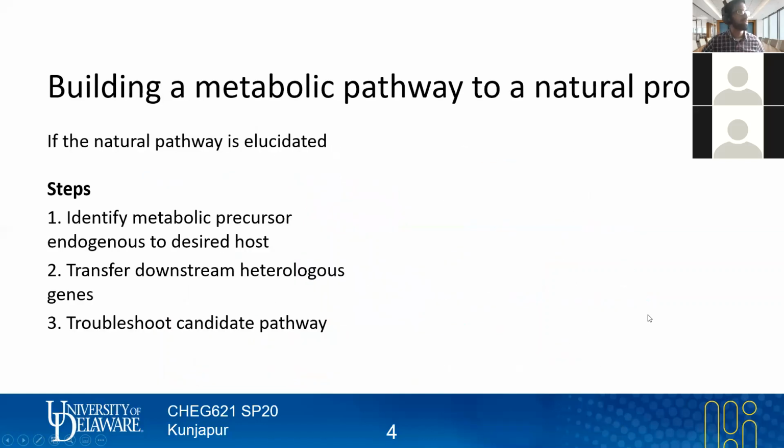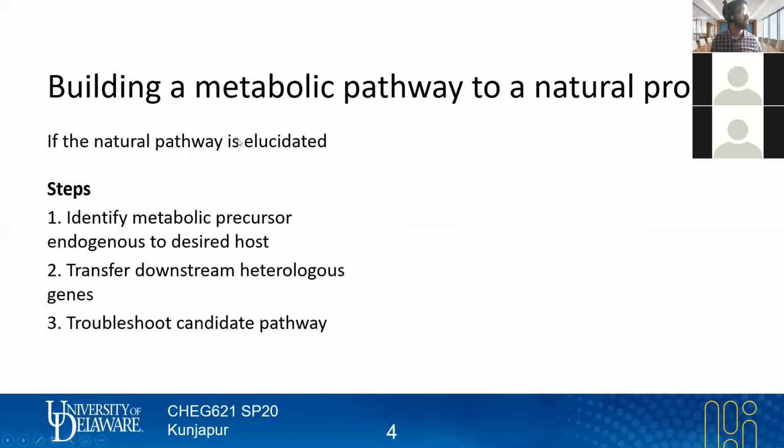And so if we think about different kinds of steps that one would take here, if you're building a metabolic pathway to a natural product, there's a question of if you know that that product just exists in nature, or if you know exactly how it's made.